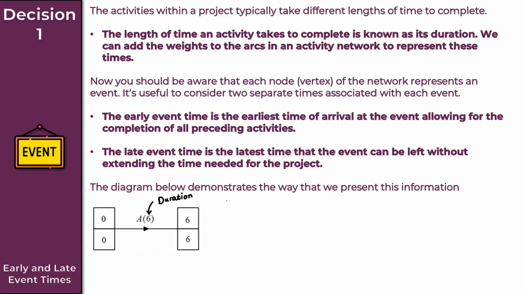So the top box, this is the early event time. And then the box underneath, this is the late event time.